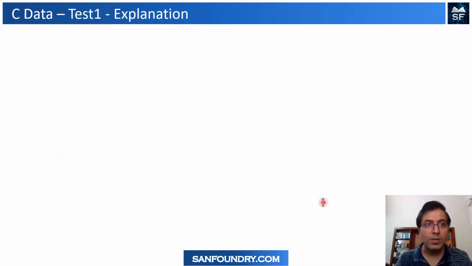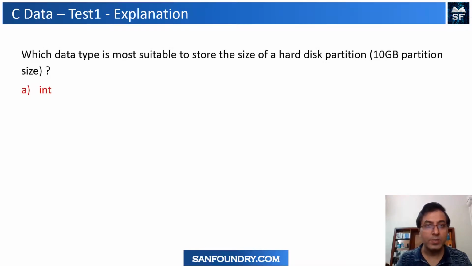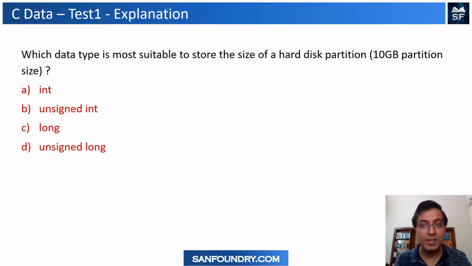Now, let's come back and understand why the answer is what it is. The first question was, which data type is most suitable to store the size of a hard disk partition? I gave an example of 10 GB, a 10 gig partition. Is it more or is it less? As of 2021, when I'm doing this recording, the hard disks we buy out of the box in laptops are 500 gigs, 1 terabyte.